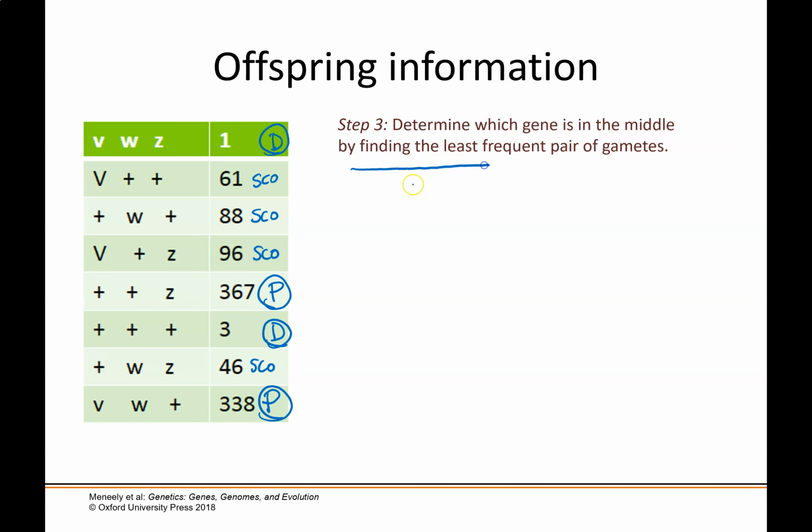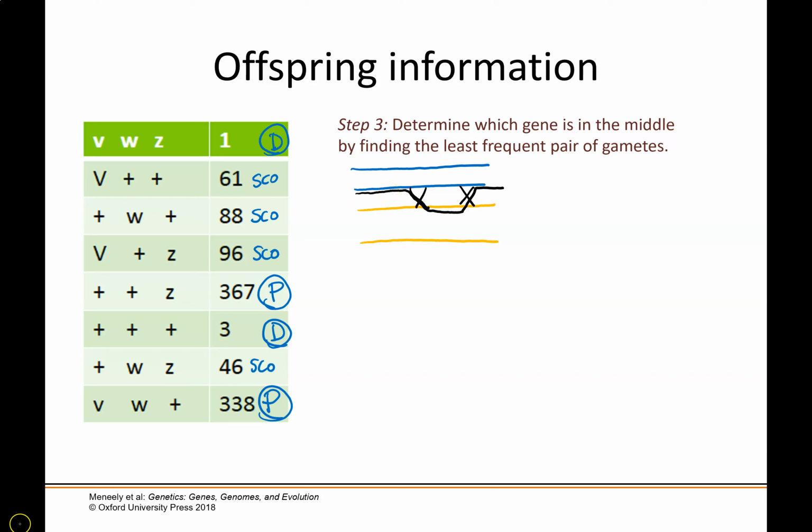Now remember, in a double crossover event, your inner chromosomes are going to be the ones that are participating. So in this double crossover, if we have two crossovers here, what's going to happen is that we're going to get this chromosome cross over that one and that one.